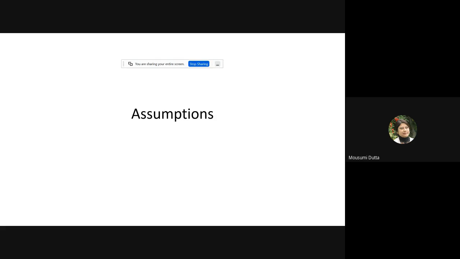Okay, so a single cross section and a single time point we will consider. And we will start first talking about regression analysis, and in some context we will bring several issues related to correlation. Okay, so let's start the regression analysis and let's do it for the cross section.